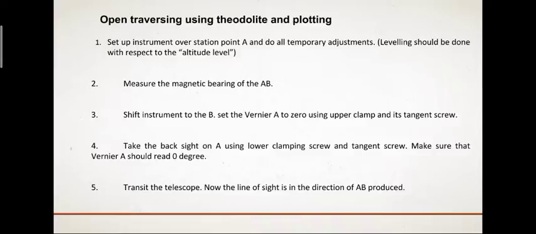So here, this open traverse can be used for surveying of roads, canals, along the river, railway lines, where the start point and the end point don't meet, right? It doesn't make a closed line. It is endless.